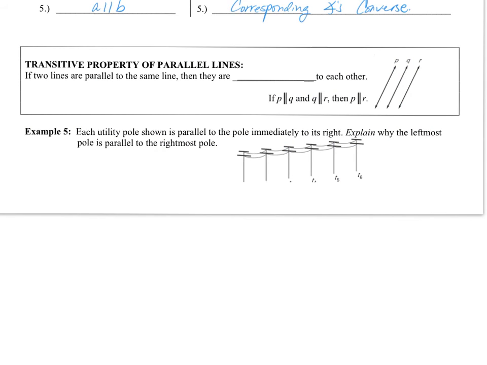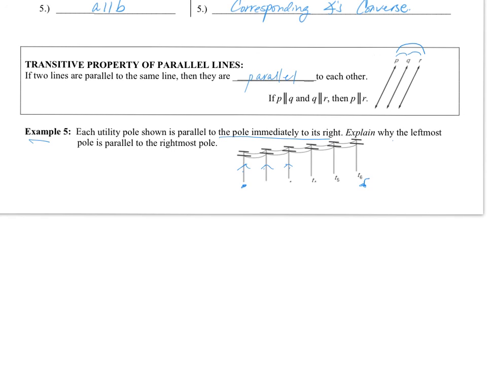And lastly, we have the transitive property of parallel lines, which states that if two lines are parallel to the same line, then they are parallel to each other. So if P is parallel to Q, Q is parallel to R, then we can say that P is parallel to R. So a quick example here, each utility pole is parallel to the pole immediately to its right, so these are all parallel to each other. Explain why the leftmost pole is parallel to the rightmost pole.